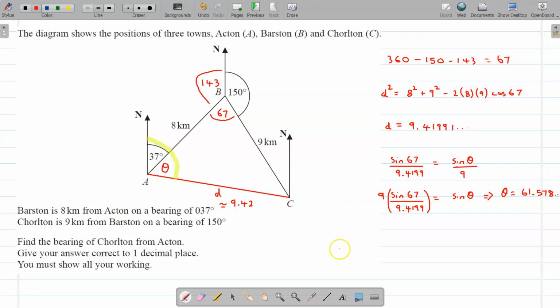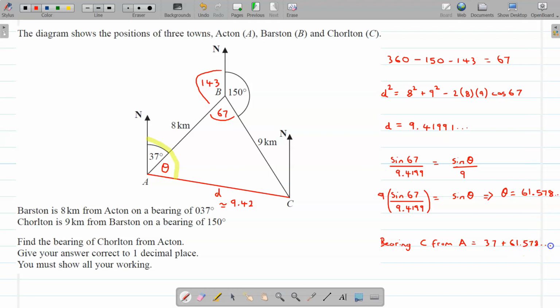So the required bearing, given correct to one decimal place, is simply going to be, so bearing of C from A, or the bearing of A to C, but we usually say C from A, is going to be 37 plus theta, plus 61.578.